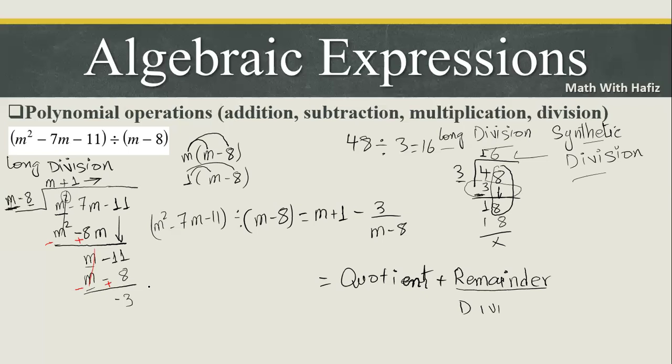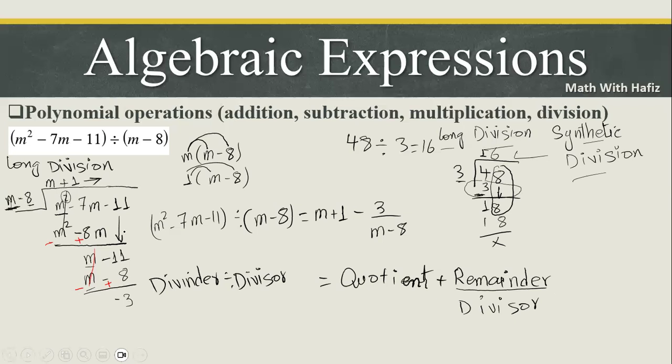It is dividend divided by divisor. The divisor is what is dividing, and the dividend is what is being divided. This is how we can write it.